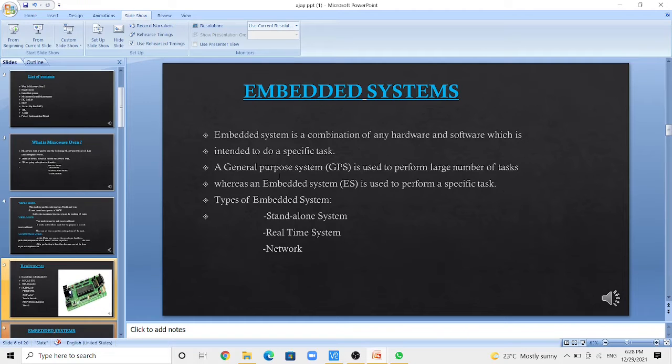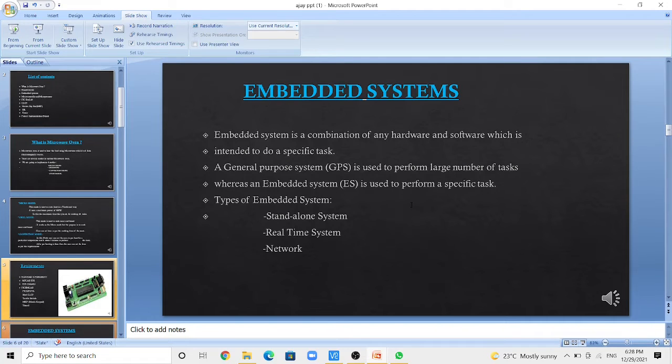Whereas a general purpose system is used to perform a large number of tasks, and this is applicable for all general purpose systems. From the name itself, it has the capability to perform all the operations related to general use. Whereas an embedded system will perform a specific task only.